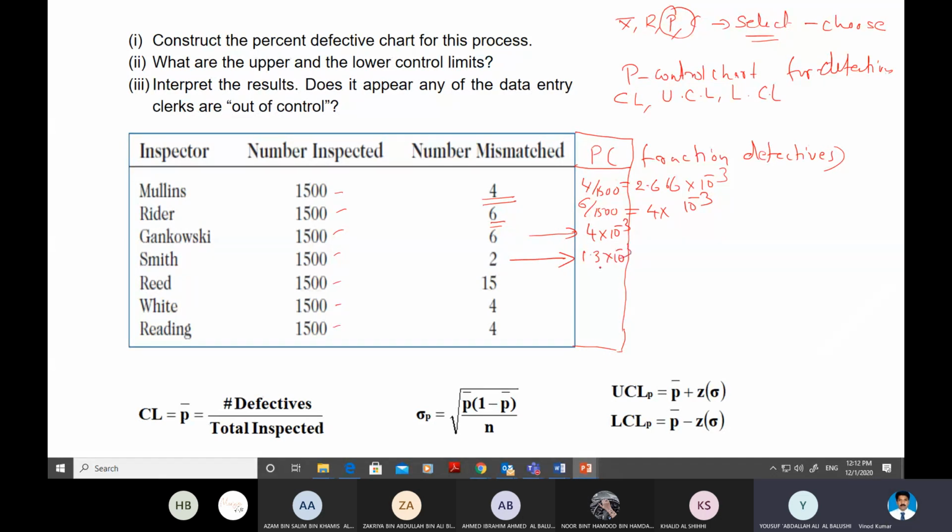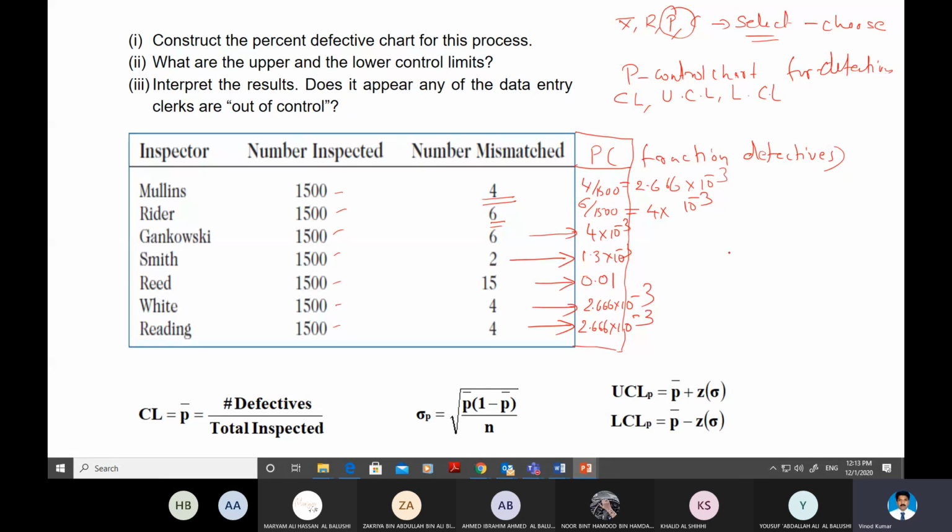Yes, very good. Next is 15 divided by 1,500: 0.01. Then 4 by 1,500, just like the first one, 2.66 times 10 to the power minus 3. Correct? We have all these values.